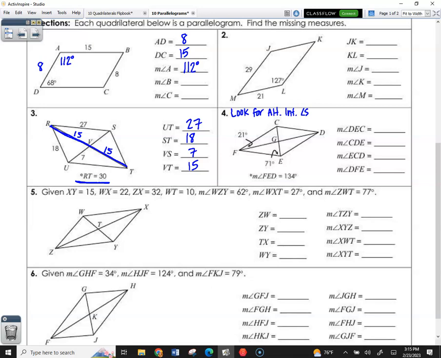If this is 21 right here, then this would be 21 as well. If this is 71 here, I'm drawing two arcs, then this would be 71 as well.